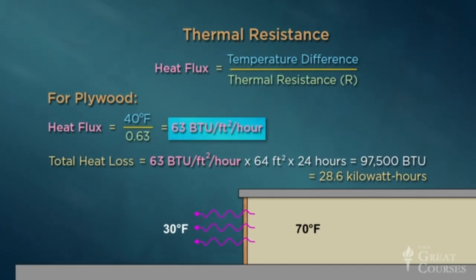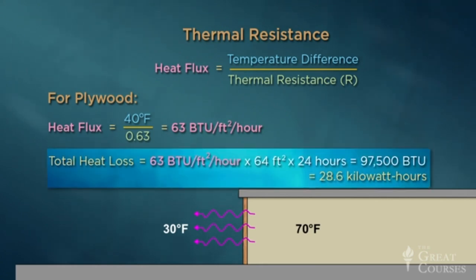So what does this number really mean? Well, suppose this plywood wall is actually 8 feet tall and 8 feet wide. Then the total heat loss during a 24-hour period is 63 BTUs per square foot per hour times 64 square feet times 24 hours equals 97,500 BTUs.